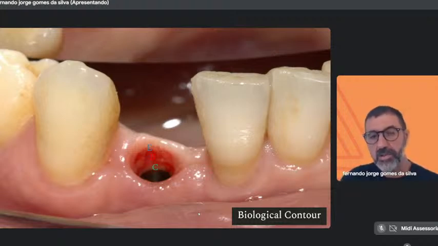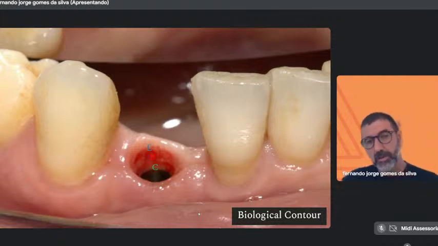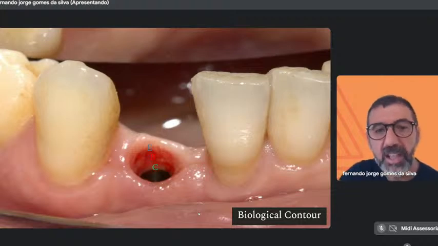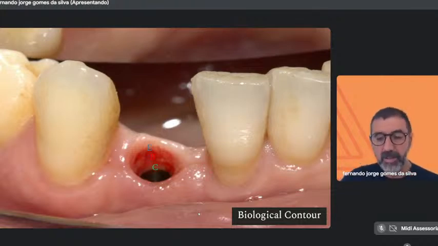This is the lower jaw where I made the connective tissue graft to get more volume, and this is the result of that surgery, of that technique, and the biological contour, as you see, the CBE, very well defined.